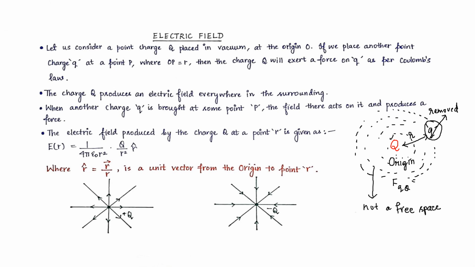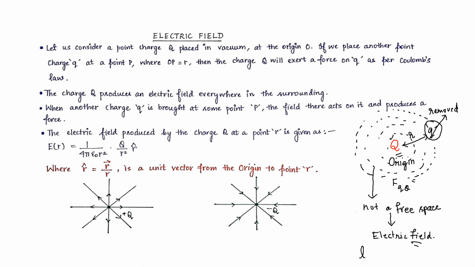So the early scientists, the early physicists gave us the concept of electric field to define what is exactly happening and why it is happening. When our physicists gave us the concept of field, they told that around the capital Q charge there are lines of forces.